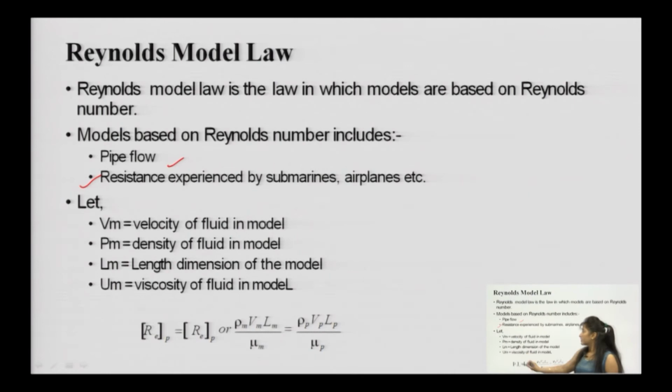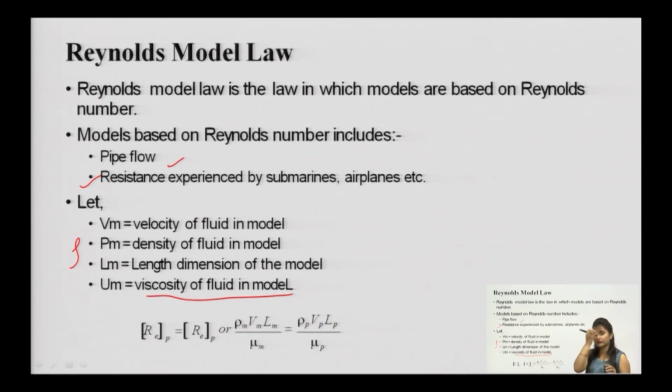Let Vm be the velocity of the fluid in the model, this will be the density of the model, then length of the model, and this is mu, the viscosity of the model.